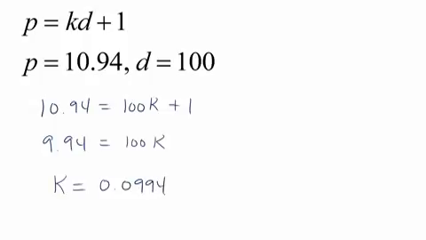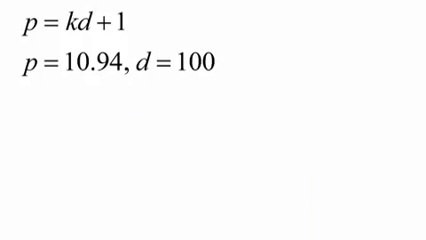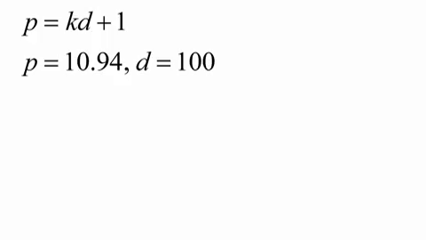We'll now go back to the equation. We'll let K equal 0.0994. We'll let D equal 50. And we'll find out how many atmospheres that would be. So now we will find P, which is 0.0994 times D, where D is now 50, plus 1.